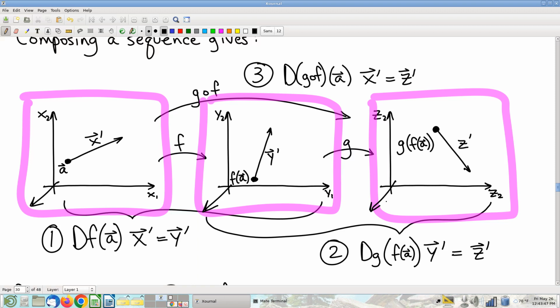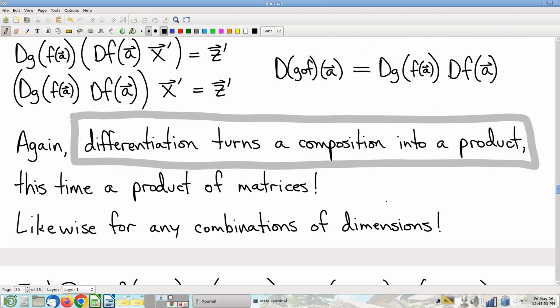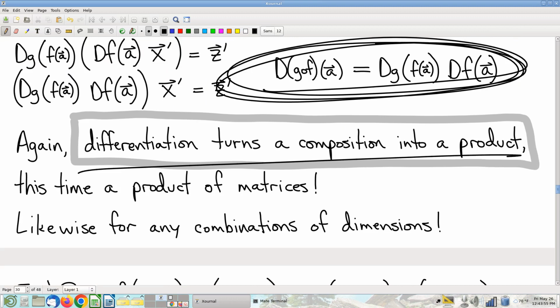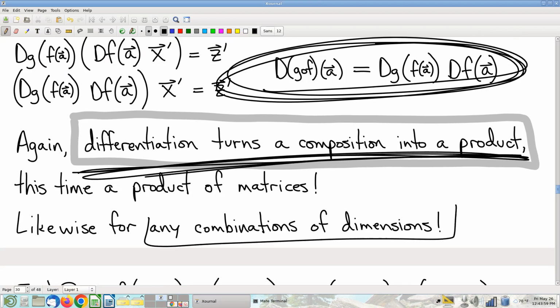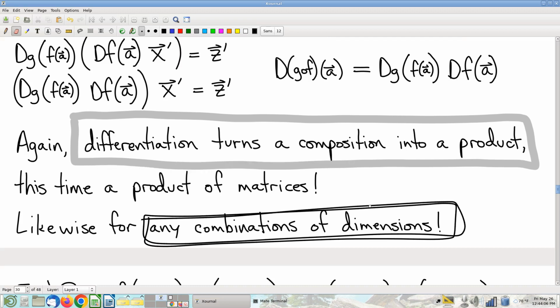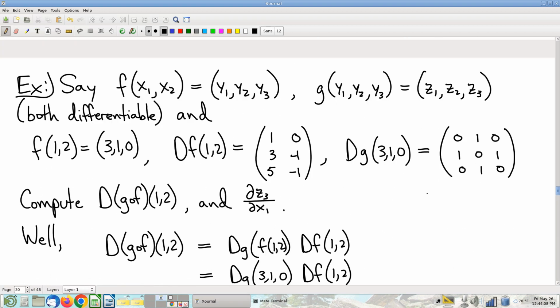The argument doesn't change, right? So the dimensions don't matter. This product of derivative matrices, turning composition into a product, is valid no matter what the dimensions are of the functions that you're looking at.